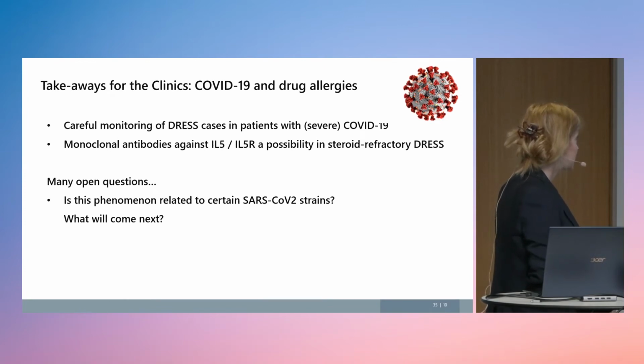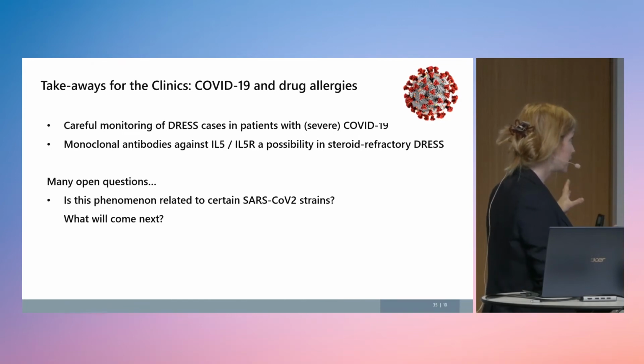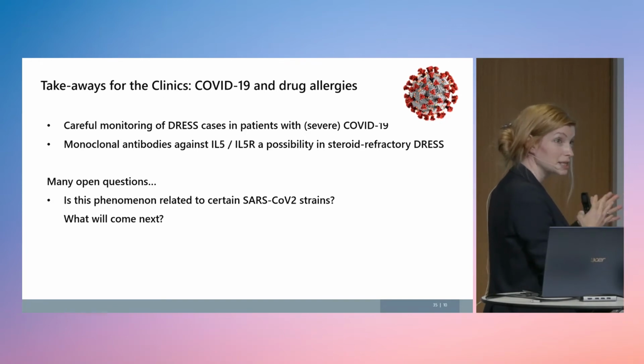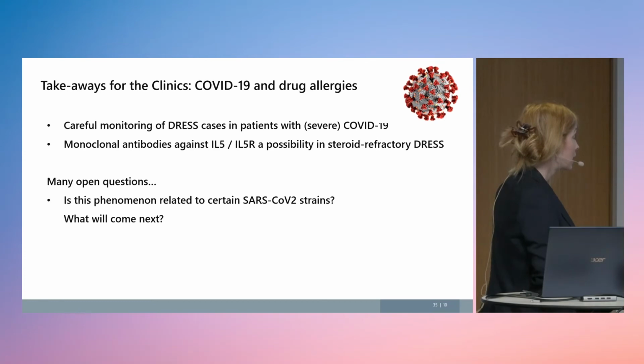And of course, there are many more open questions that arise from this. Also, as you have seen, the cases were concentrated in 2020, also a little bit in 2021. So it might be a possibility that this is related to certain SARS-CoV-2 strains and not a global phenomenon.